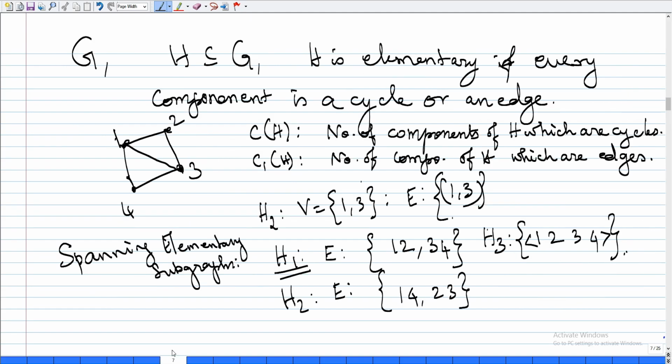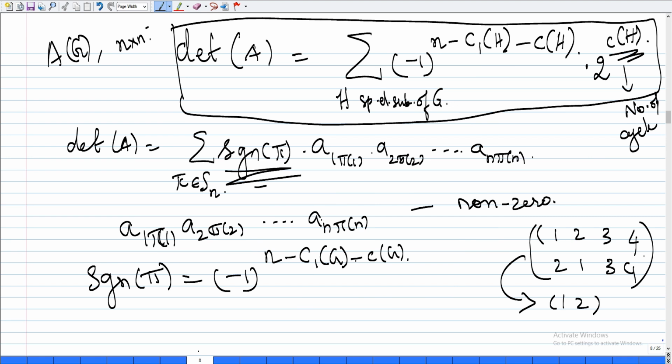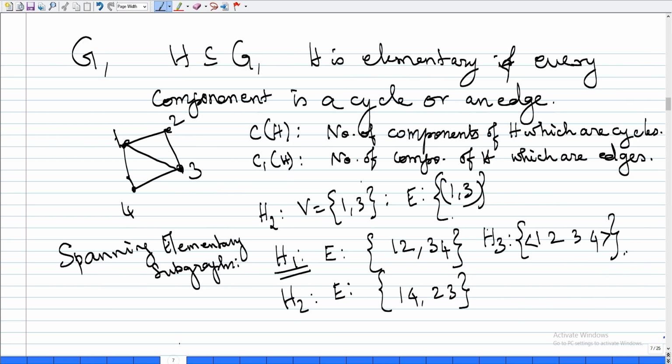So now going back to this example, what will be the value for each of these H's? If I want to take the sum for this, we have seen for this example there are only 3 elementary subgraphs, H1, H2, H3. So what will be the determinant for this? Without computing the determinant, we can do it through this formula.